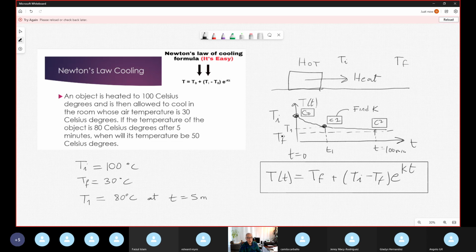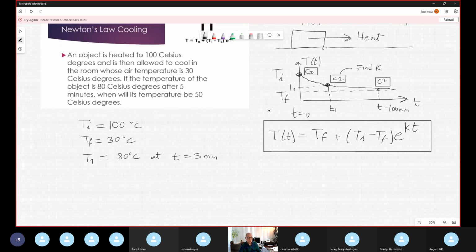This is condition one, which helps me find the k value. Then the question is: when is the temperature 50? So I want to find the time, how long. So I have T2 is 50. I want to find at what time.